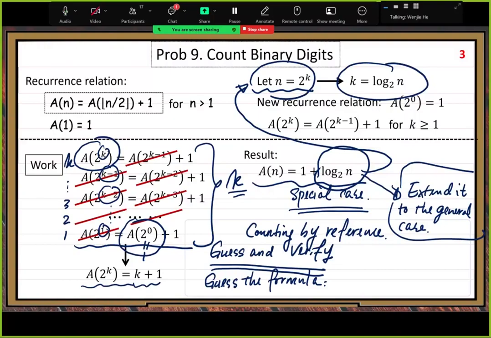So if we make one guess, there are two reasonable options for us: one is the floor function, another is the ceiling function. Both are integer representations.